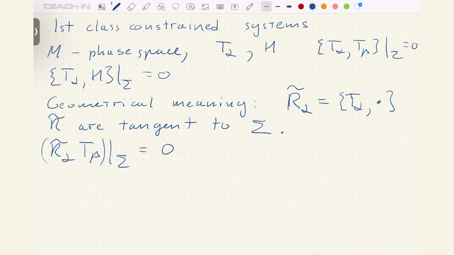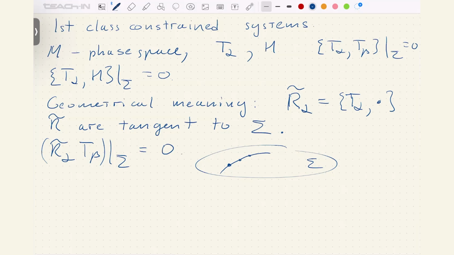If we move along this R twiddle and apply the transformation generated by R alpha, so this is sigma, for instance, if we pick a point on sigma and consider the flow generated by R alpha for some particular alpha, then we see that when it acts on a function T, it remains 0 on sigma. So it means that we stay on the surface, right?